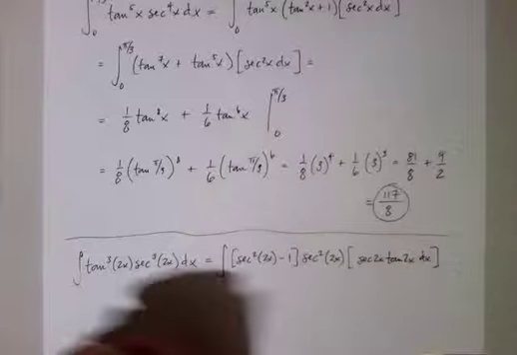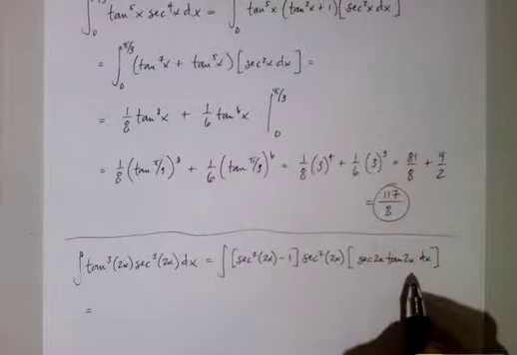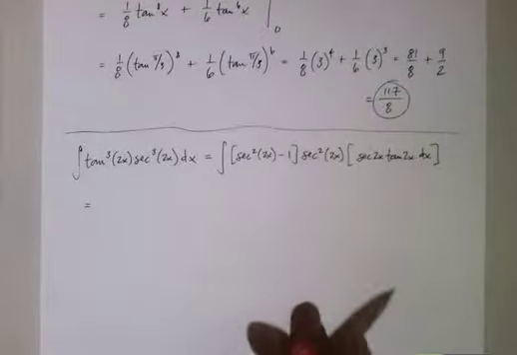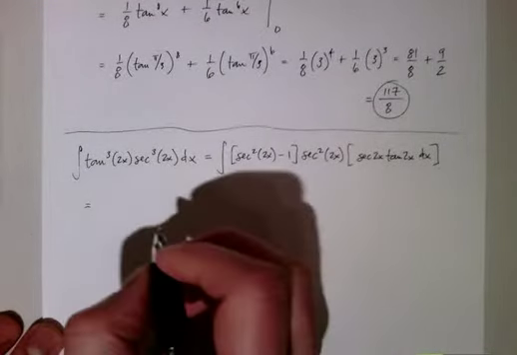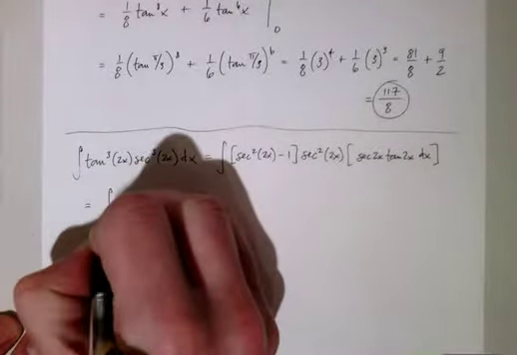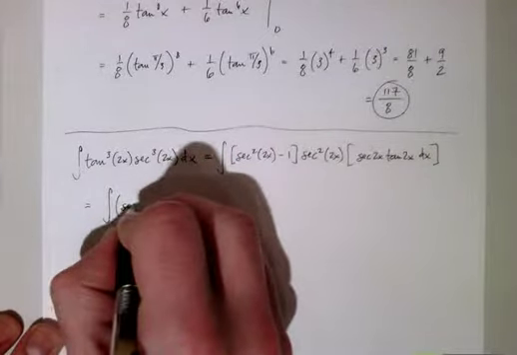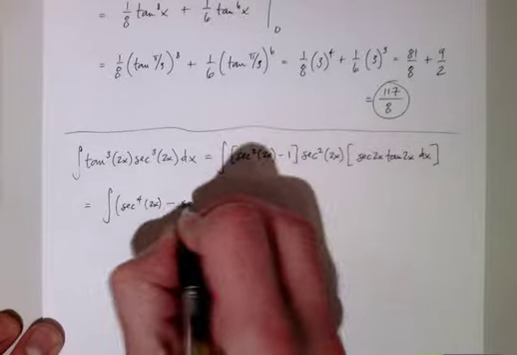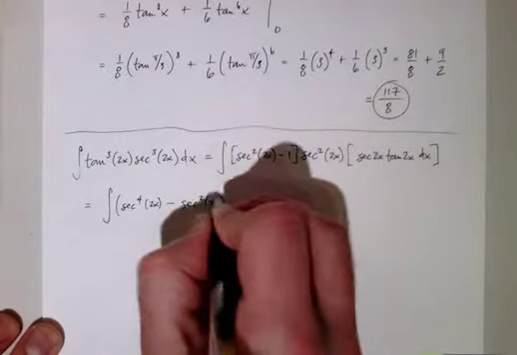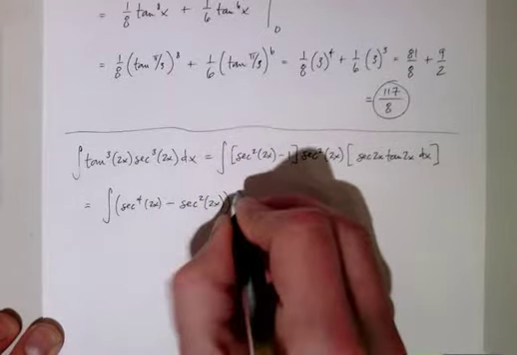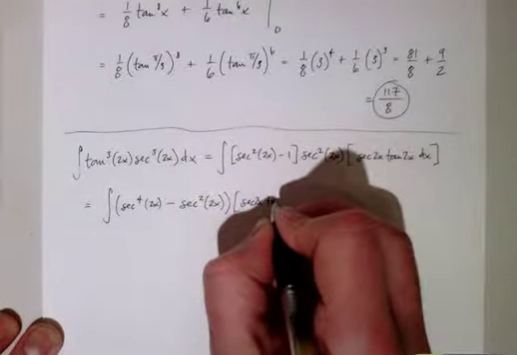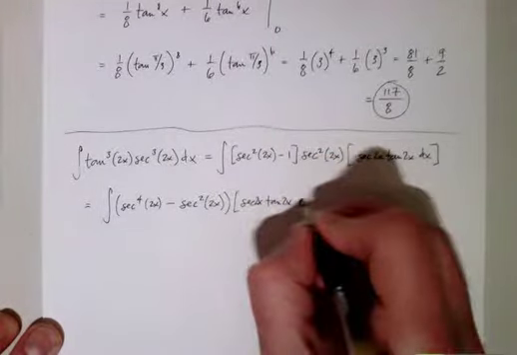Now I'm going to have to tweak that in just a little bit, but that basically has the makings of my eventual du when I'm dealing with secant. Okay. Now this becomes secant to the fourth 2x minus secant squared 2x. And this right here becomes secant 2x tangent 2x times 2 dx.